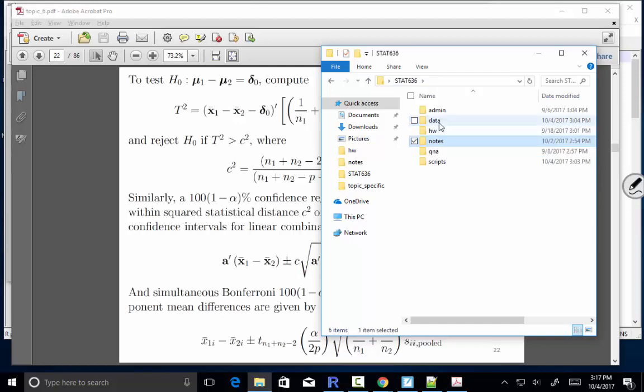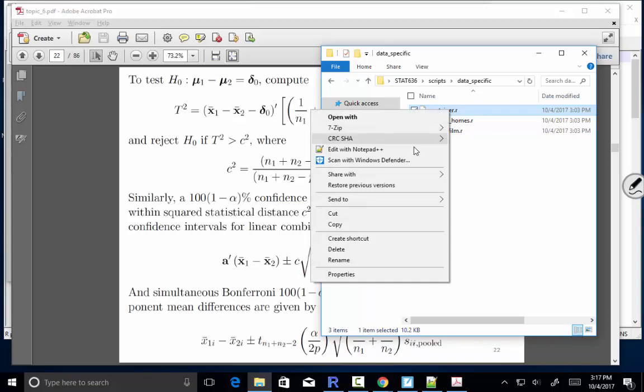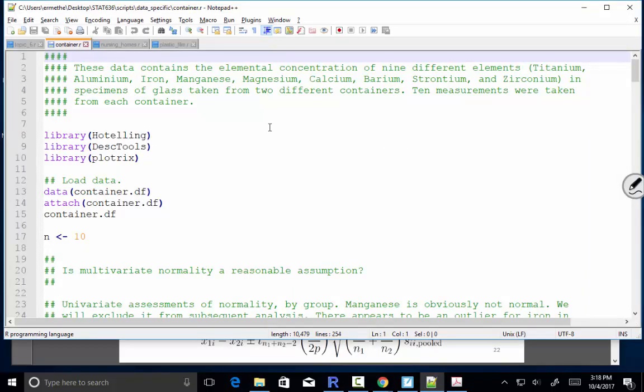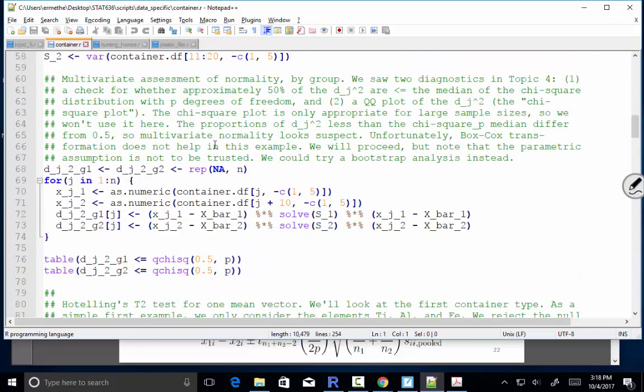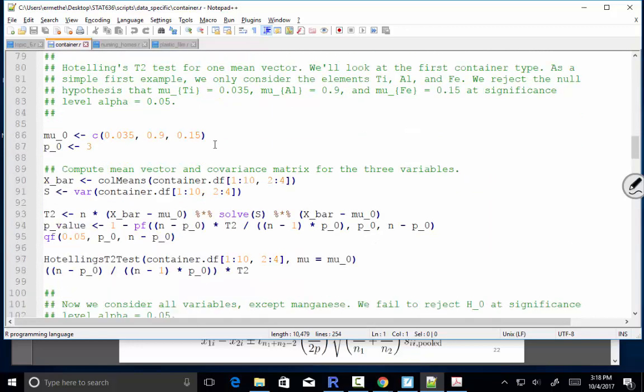So let's see. I can't remember if I went through this with you or not, but the container data set that we saw in both topic 5 and now in topic 6 contains code illustrating the two-sample t-squared test.